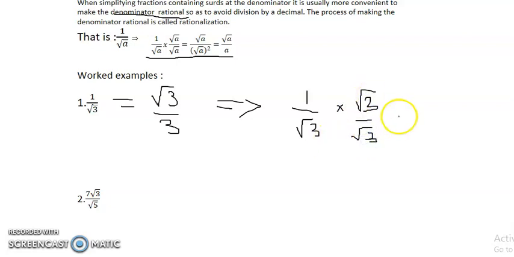Now don't cancel this. We want to reach a denominator that is rational. Now we get root of 3 all over root of 3 squared. Then we use the square to cancel the root, and we get 3. So this is the process.